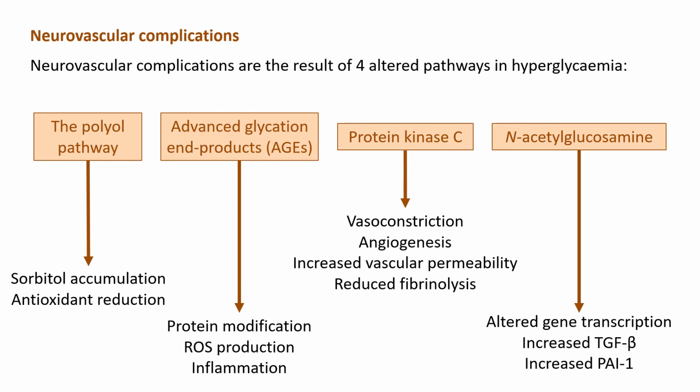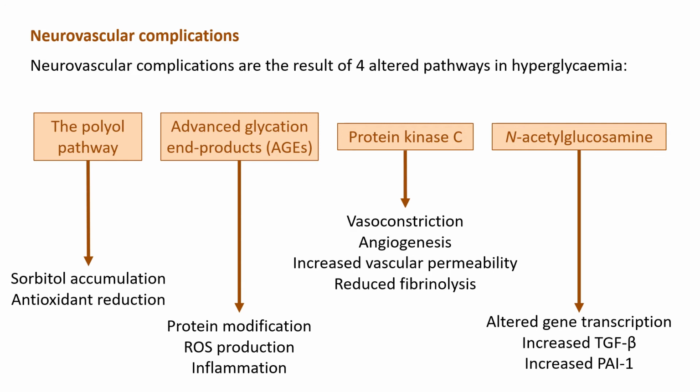Our other one, N-acetylglucosamine, lovely word that for you, one for your glossary. This has an effect on altered gene transcription. And you can imagine that again potentially has quite devastating effects on the functions of cells.